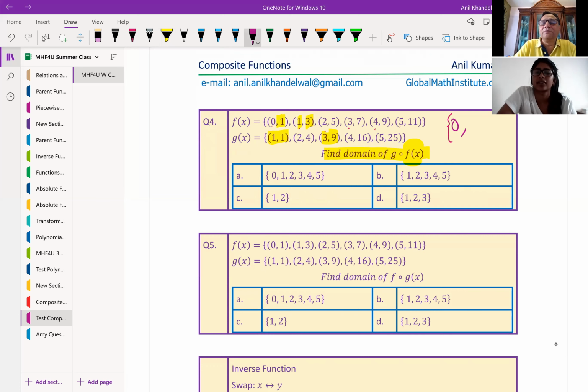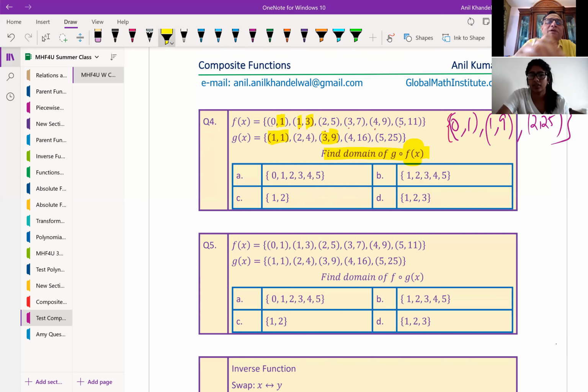It is a good idea when we write here, let me write down the function itself so that it can answer many other questions also. With 0, you get 1 as the output. With 3, you get 9 as the output. And with 2, 5 squared is 25. With 3, 7, there is no 7 there.